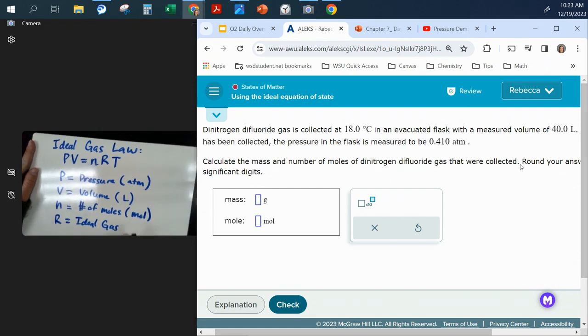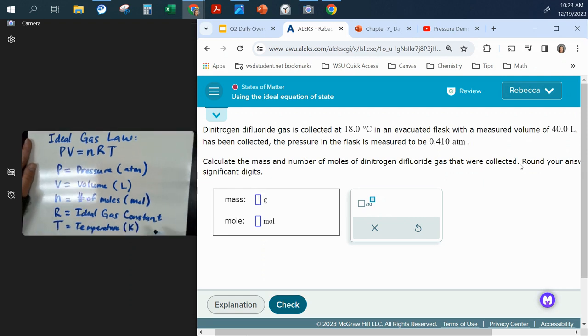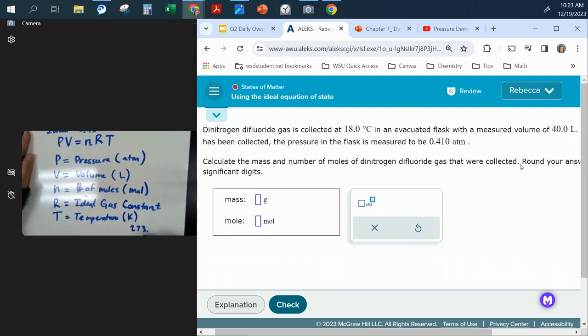Oops, I'm going to put constant with a G. And T is the temperature. And temperature has to be in Kelvin. So remember, if we need it in Kelvin, we're going to do 273.15 plus Celsius.